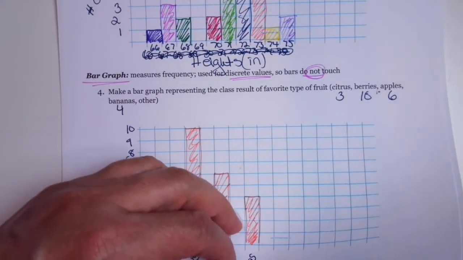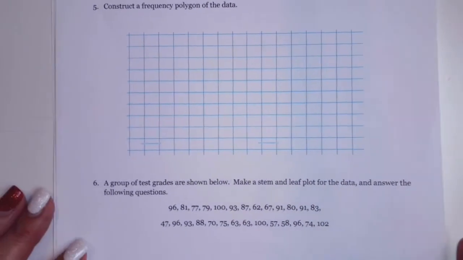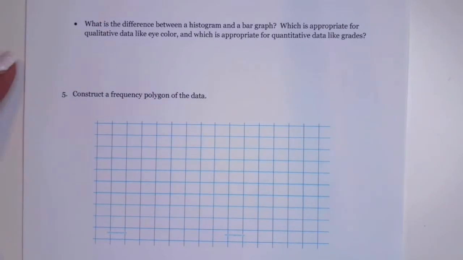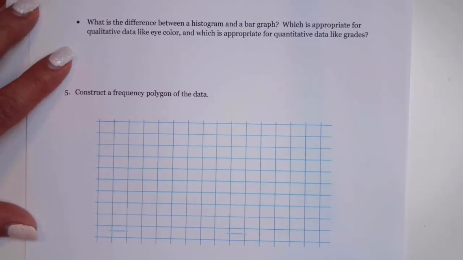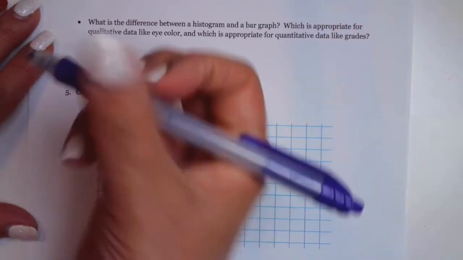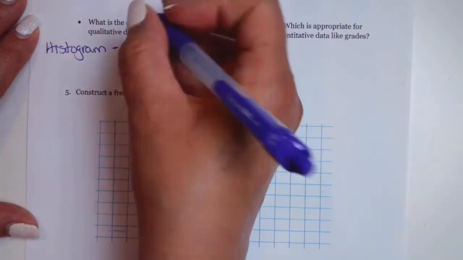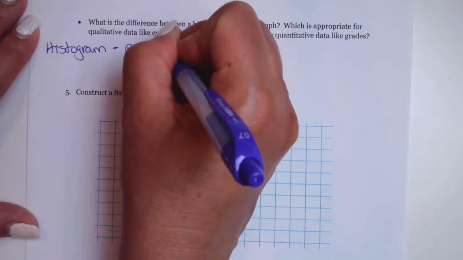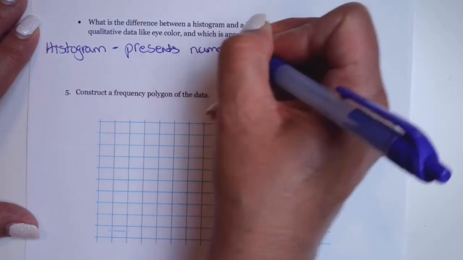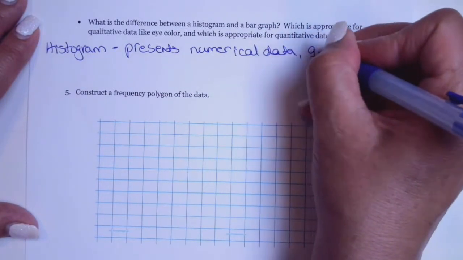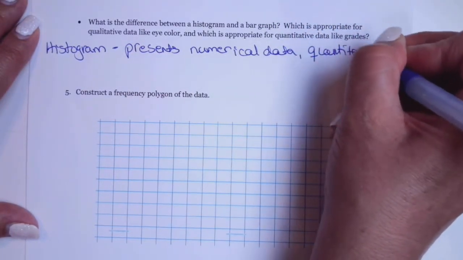And actually on the next page, we do have a question. What is the difference between a histogram and a bar graph? Which is appropriate for qualitative data like eye color, and which is appropriate for quantitative data like grades. So let's go ahead and compare those again. A histogram presents numerical data, or we use it when we have quantitative data.